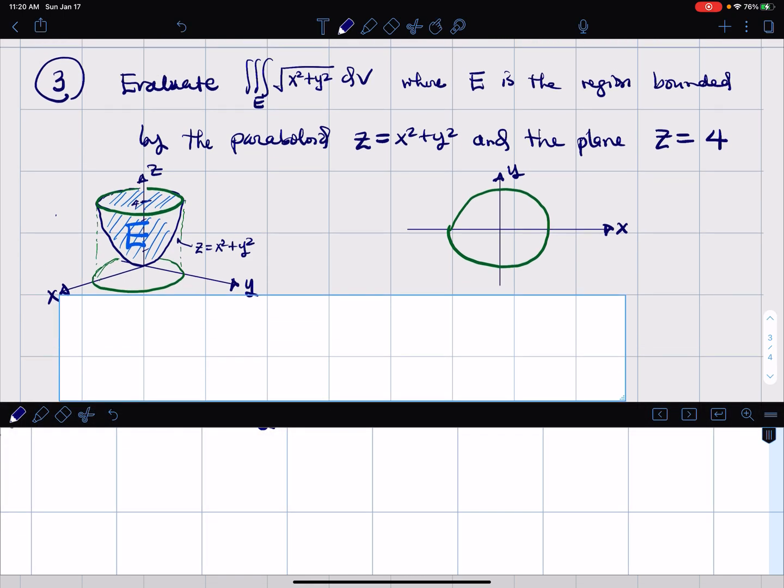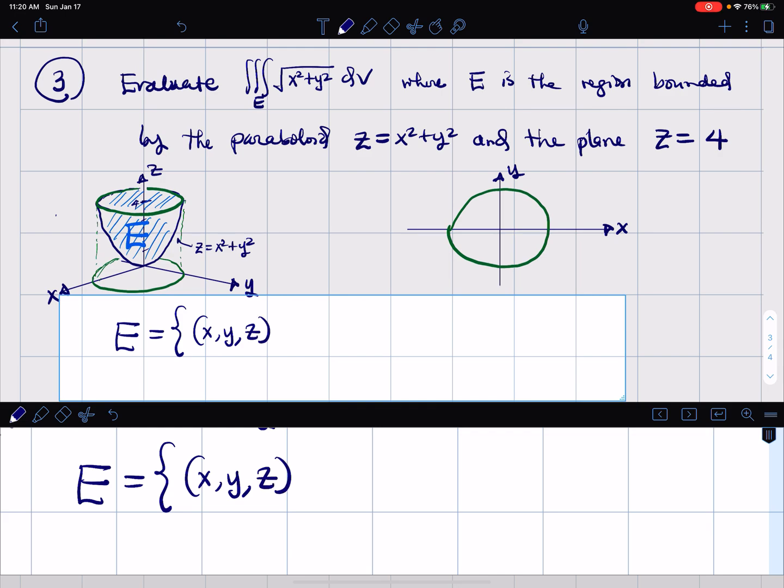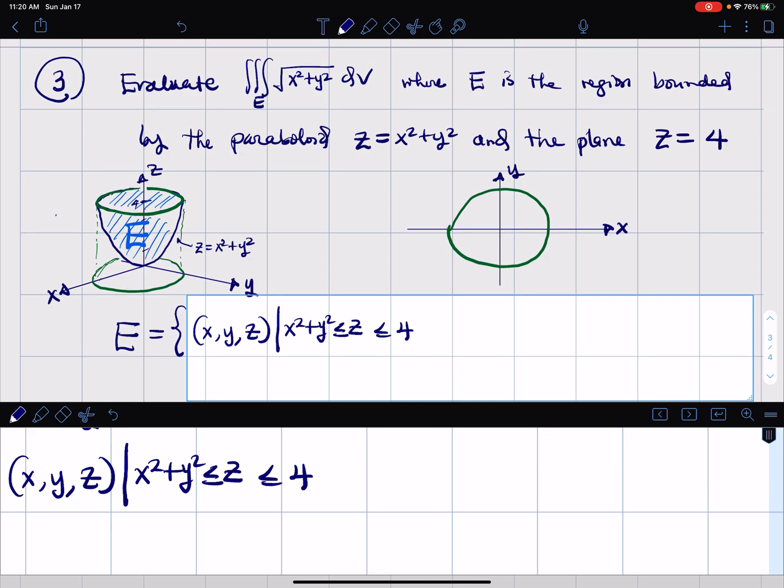We need to really fully describe our E now. E is a set of points X, Y, Z, such that Z is between X squared plus Y squared and 4, right? You see that?